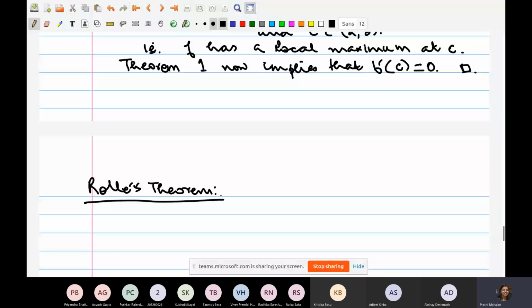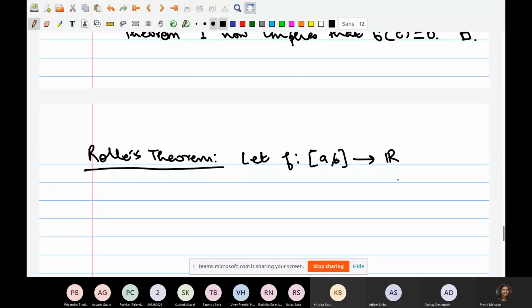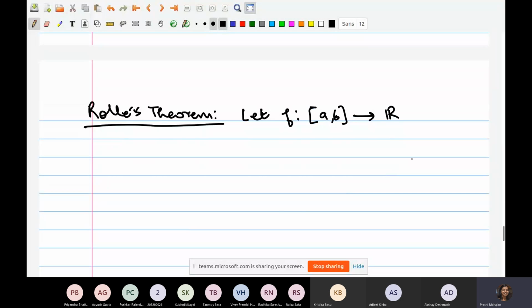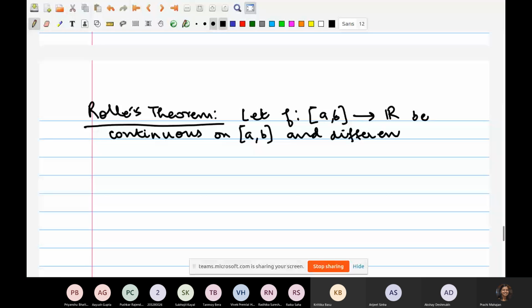Suppose f is a real valued function defined on closed interval ab, continuous on closed interval ab and differentiable on open interval ab.